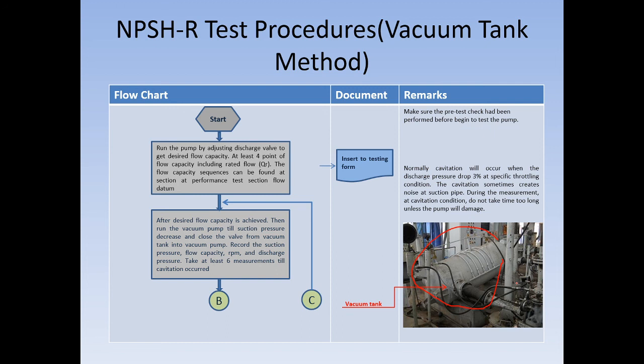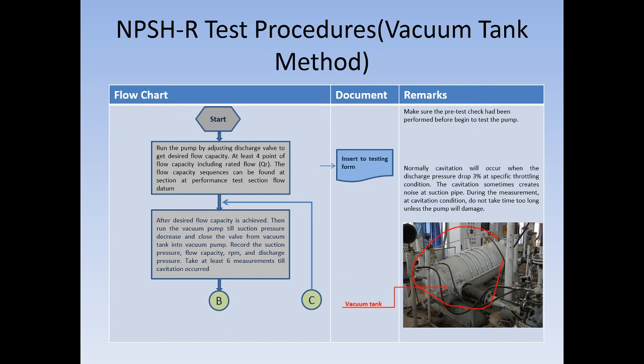So just to summarize again, it's not so easy to understand NPSH required unless you witness the test on the manufacturer's test rig. But using this presentation, I believe it's easy for you to understand that NPSH required is actually the net positive suction head when the cavitation starts to begin.